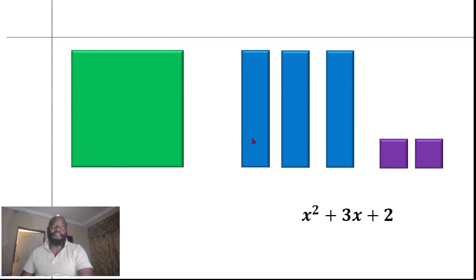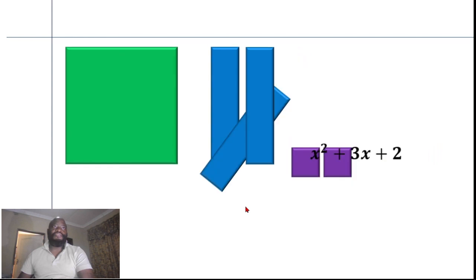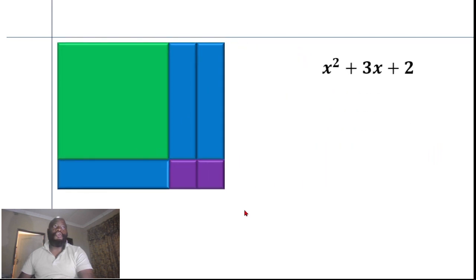It means we'll have to rotate this rectangle 90 degrees and stack it below here. So these little ones can only stack along the shorter sides of the rectangle. So the only way we can do this, or maybe one of two ways we can do this, is to do this.